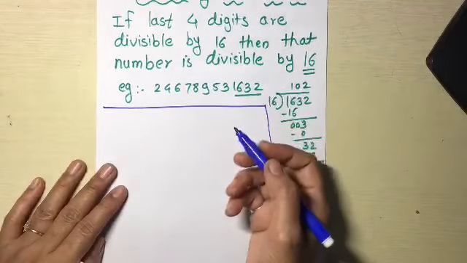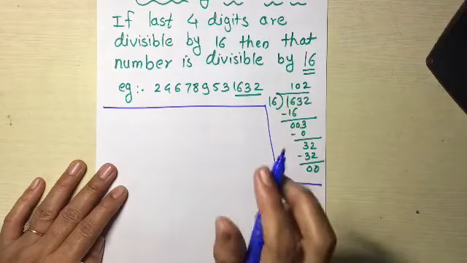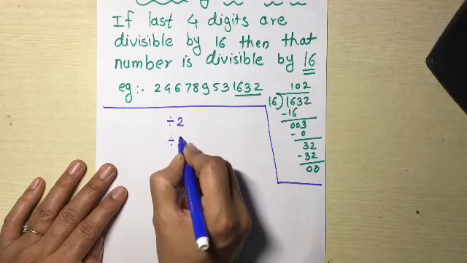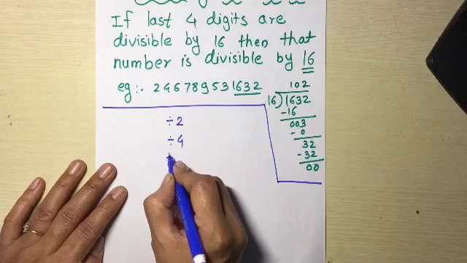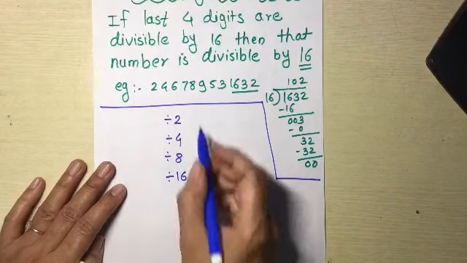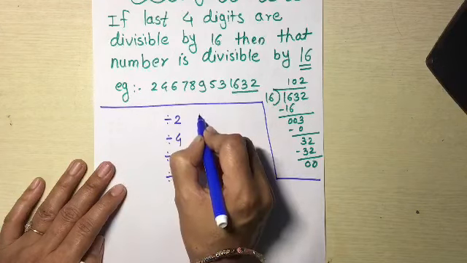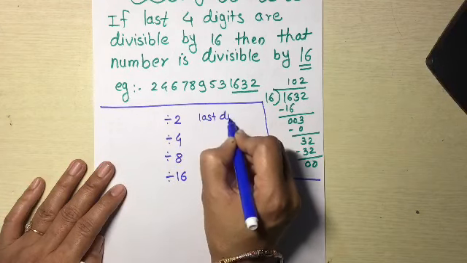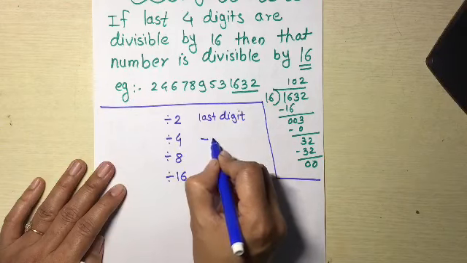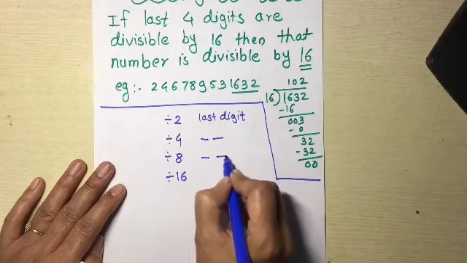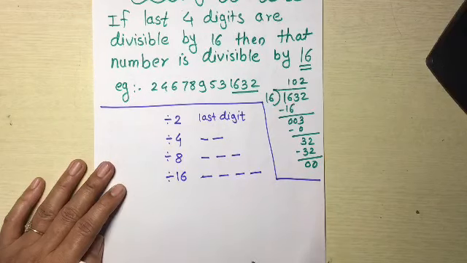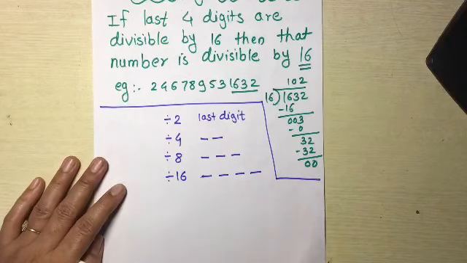देखिए, ये सभी रूल्स पढ़ने के बाद आप लोग के एक बात समझ में आ रही है क्या? Suppose divisible by 2, divisible by 4, divisible by 8 और divisible by 16. Okay, so what is the rule? You check here the last digit. Okay, for 4 last 2 digits, for 8 last 3 digits, for 16 last 4 digits you check for divisibility rules.